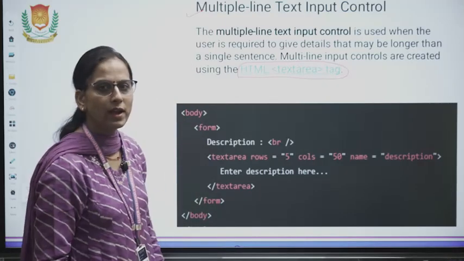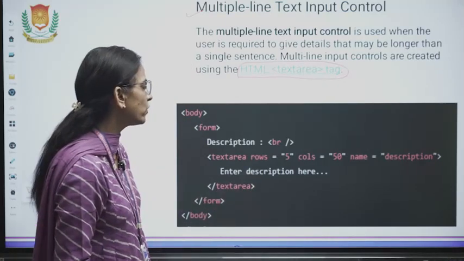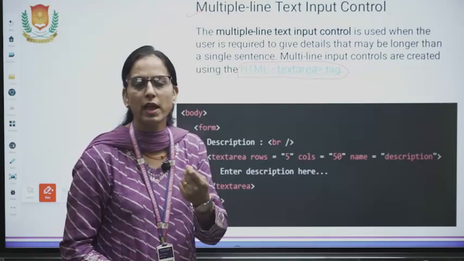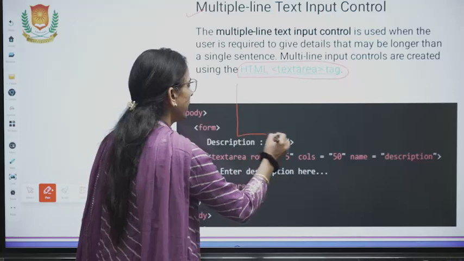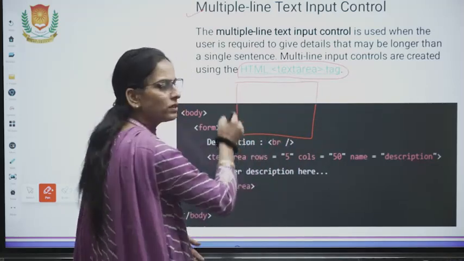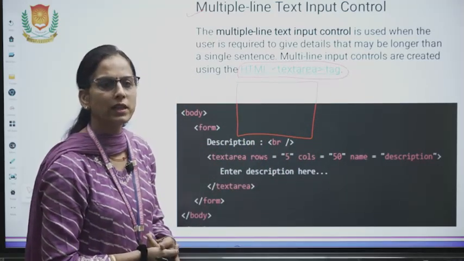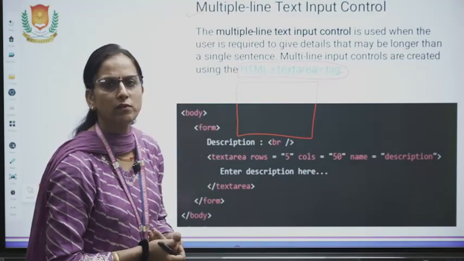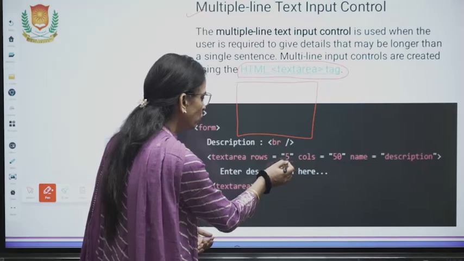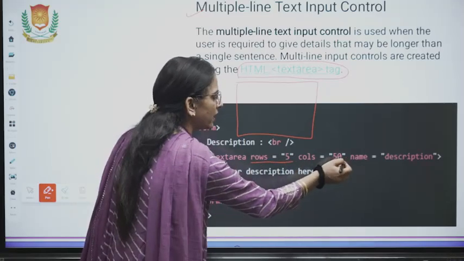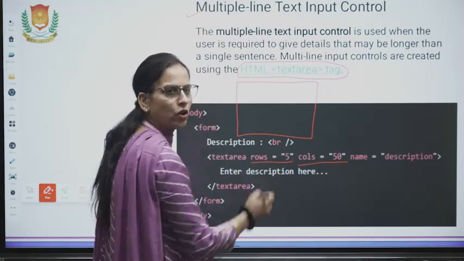How can you define the text area? In text area, you have to mention the rows and columns. Rows are the multiple rows; they define the height of the box, and the columns define the width of the box. So height and width can be given with the help of the two attributes of the text area control, rows and columns.